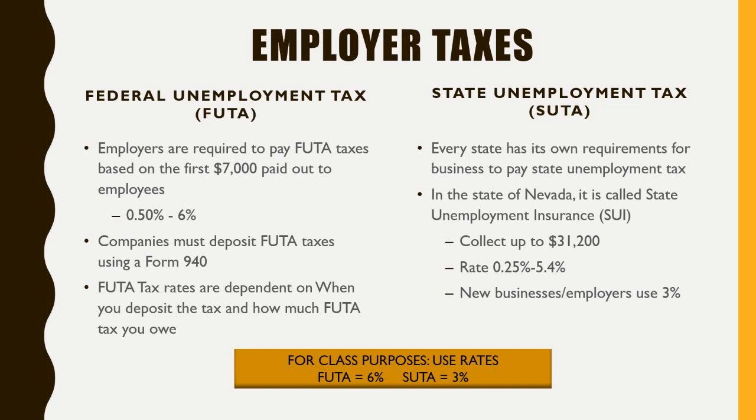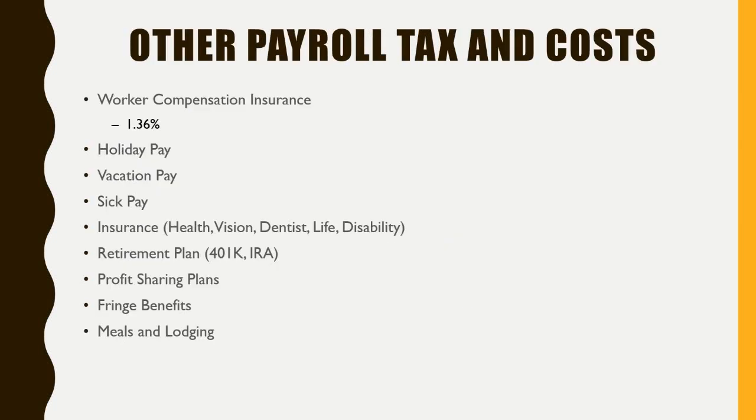And this number can also change, so make sure you look up your state's information on their taxes. I gathered this from the Nevada State Unemployment, also DETR, to find this information online. So that's what we're going to be dealing with for class. Let's go ahead and calculate.